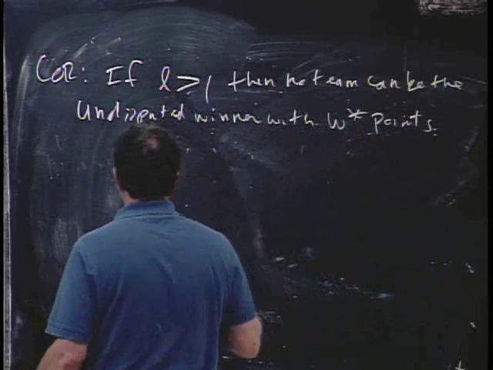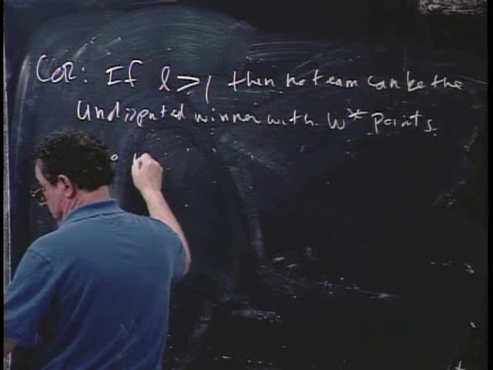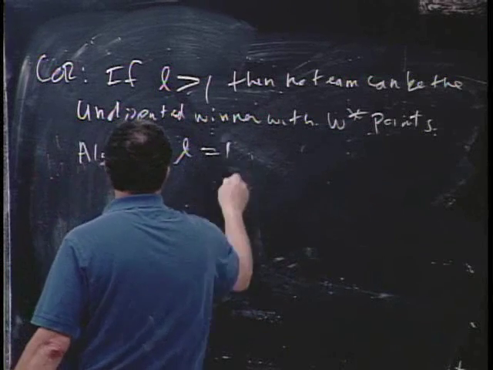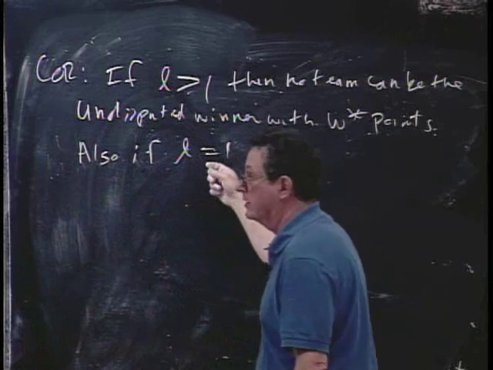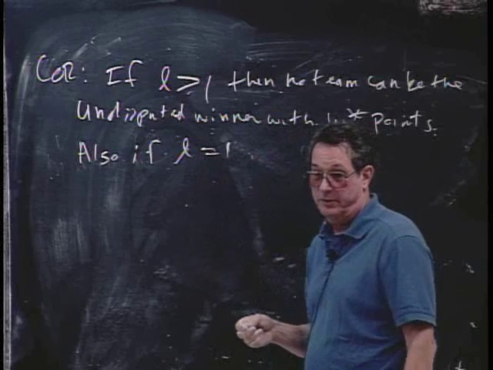with W star points. Also, if L equals 1, so it's a necessary condition that L equal 1 for some team to be the undisputed winner with W star points.